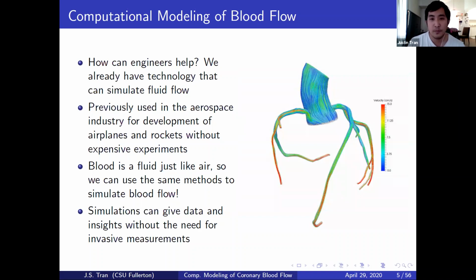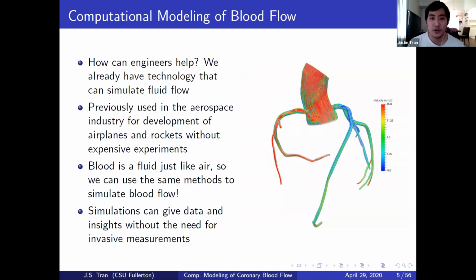Everyone knows that building an airplane and building a rocket is extremely expensive. If you want to iterate on different designs, you're not going to be building a new airfoil or a new rocket ship every time you want to test something new. So computational fluid dynamics came about as a way for scientists and researchers to develop these new designs at a very, very low cost.